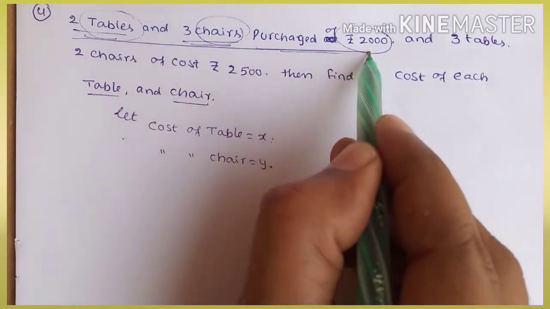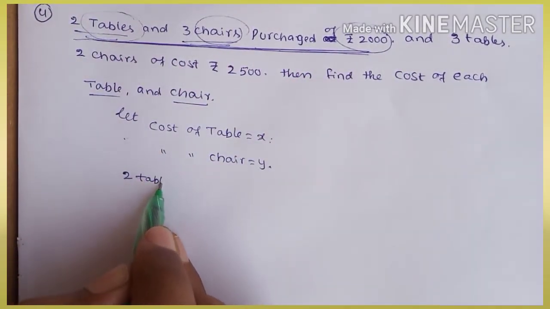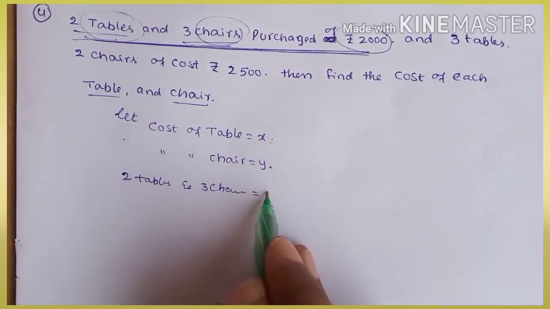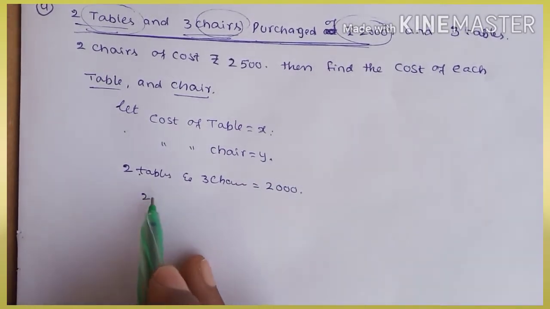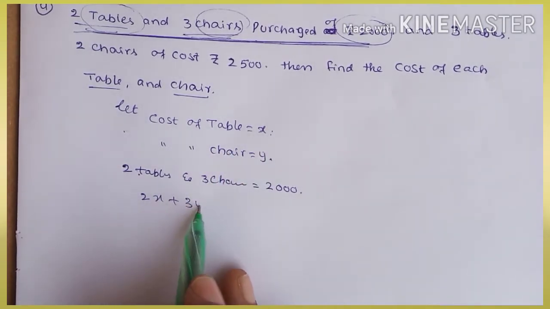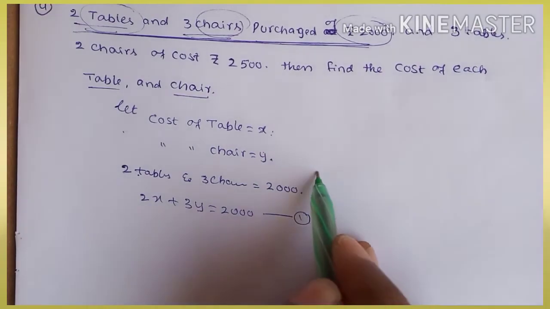This is the first condition. What is that? 2 tables and 3 chairs cost how much here? 2000. 2 into the table cost x and 3 into the chair cost y is rupees 2000. This is equation 1.